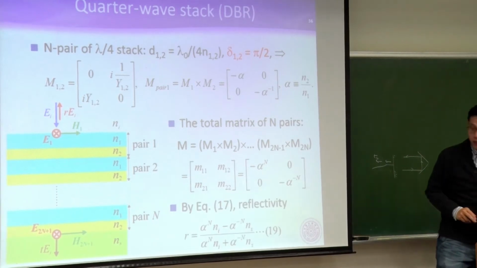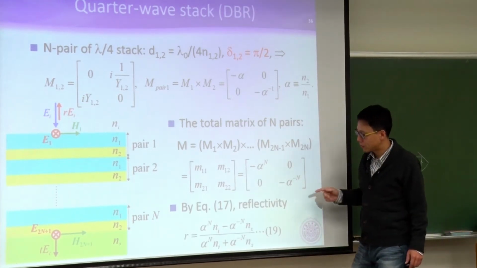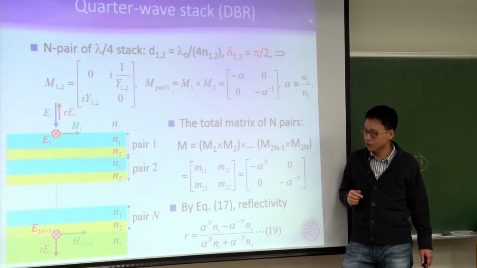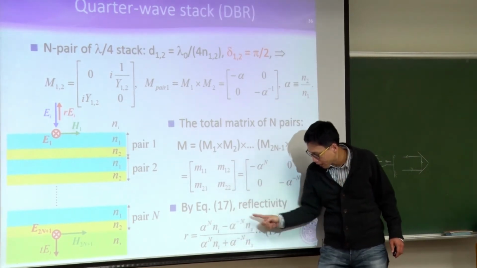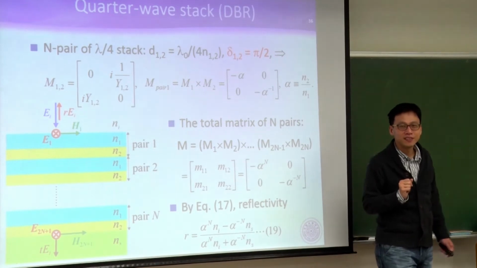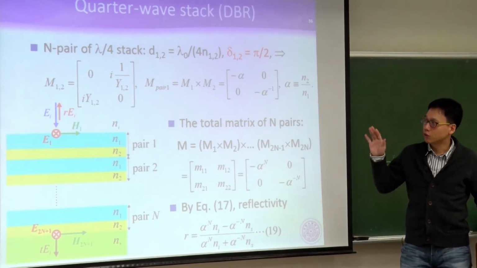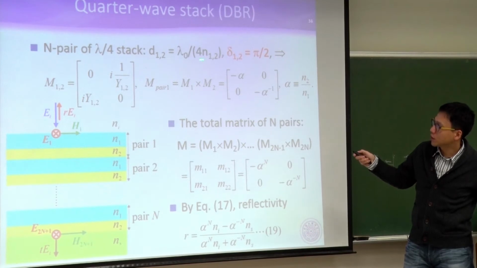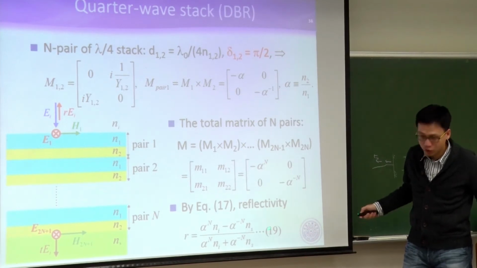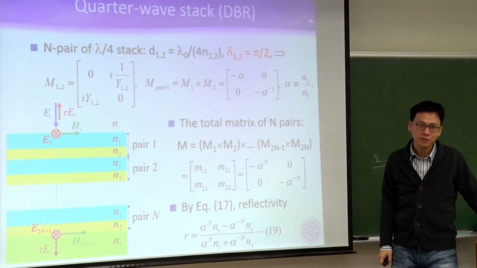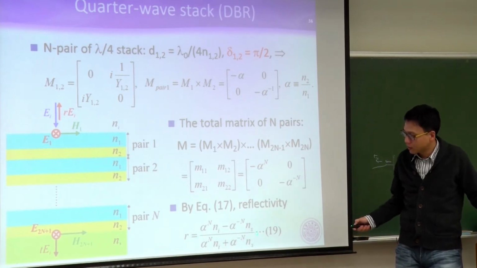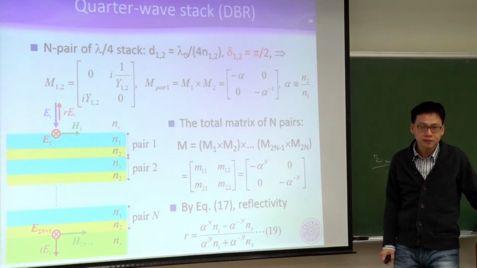And in this case, using equation 17, you can quickly calculate the reflectivity, small r, which is governed by equation 19. So if you satisfy the quarter wave thickness condition, you can have equation 19. The reflection coefficient small r can be easily calculated by this formula.